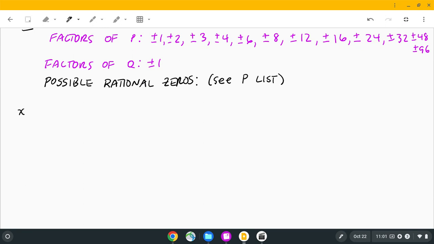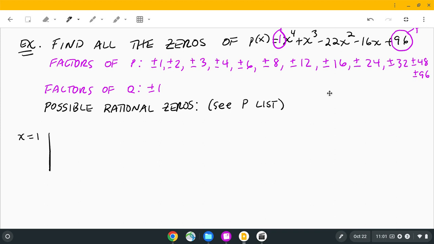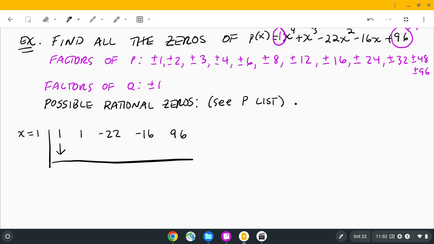All right, so let's start with 1. Here are my coefficients: 1, 1, negative 22, negative 16, and 96. Okay, so we start off the same as degree 3.